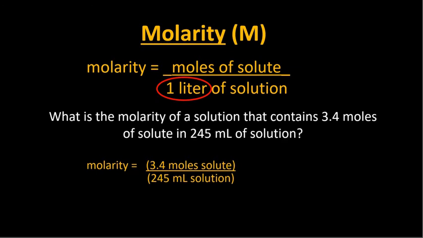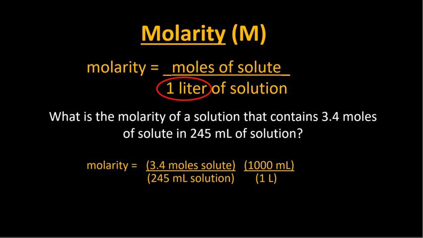Since you have milliliters on the bottom, you're going to need milliliters on the top. And for every 1,000 milliliters, you have 1 liter. So milliliters cancel out, and this will convert to moles per liter.